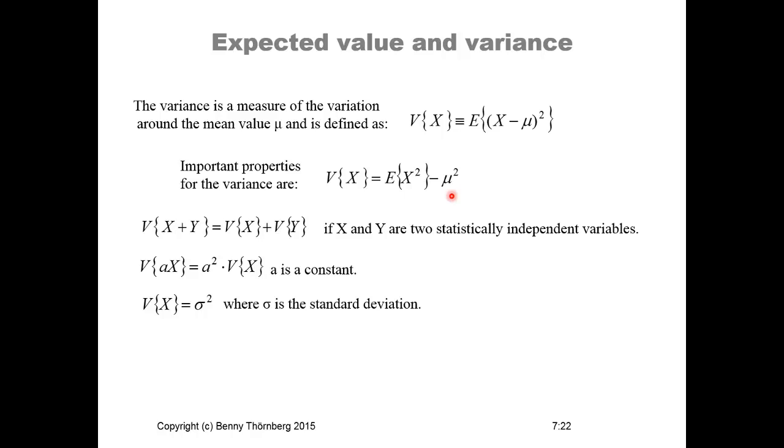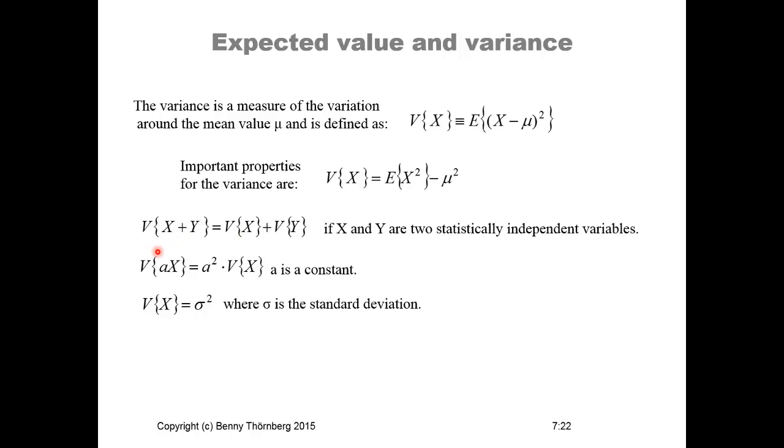We can continue with the variance of the stochastic variable x plus the stochastic variable y, which is equal to the variance of x plus the variance of y, if x and y are statistically independent variables, and only if.